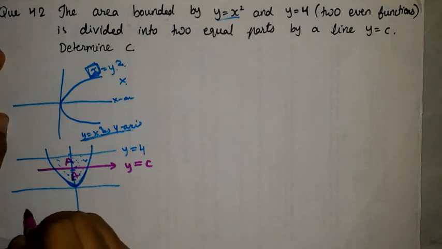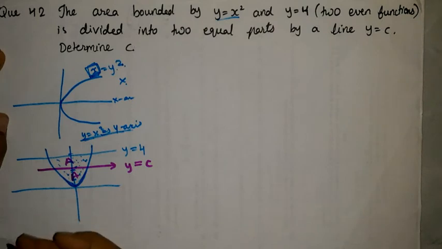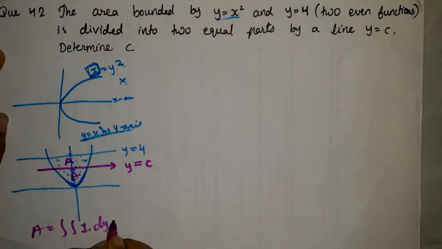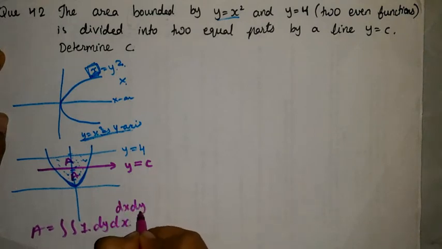So how to solve such a question? We apply the formula of area. We know area is equal to double integration of 1 into dy dx, or here y is constant, so let's take dx dy.